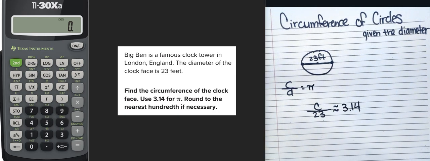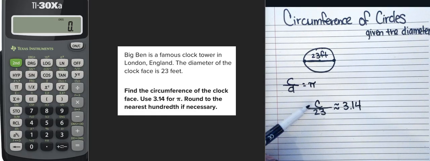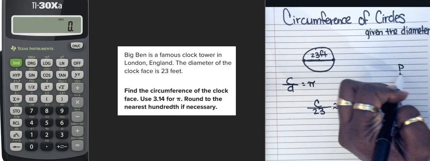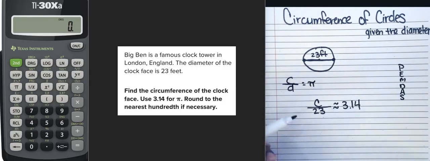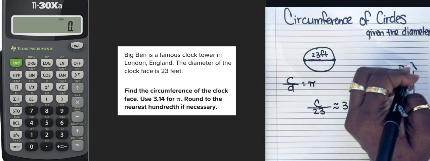So here's what we have, and we're trying to find the value of c. C is not isolated. Remember, we've talked about PEMDAS. If a variable is not isolated, we use PEMDAS from the bottom up.